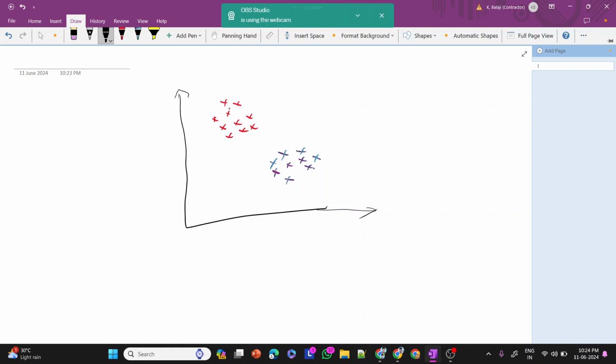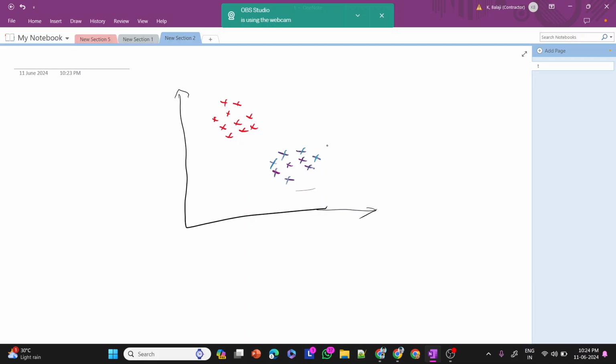For example, this is the first group and this one is the second group. The first group has some similarity and the second group has some similarities. We need to find a hyperplane that can separate these two groups, so that whenever a new point comes, we can easily classify whether that point belongs to this group or this group, by using this hyperplane.